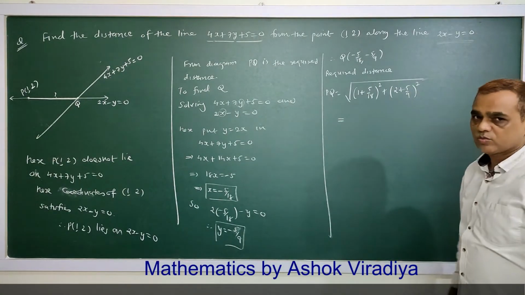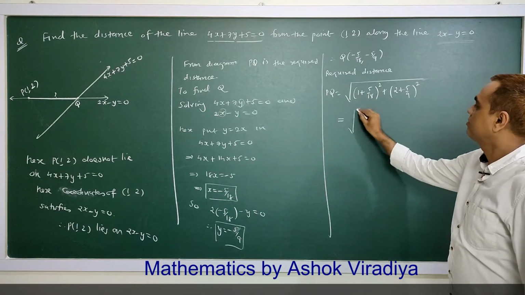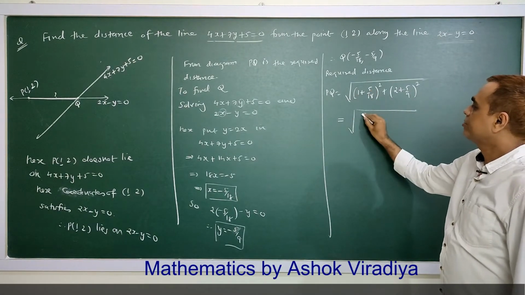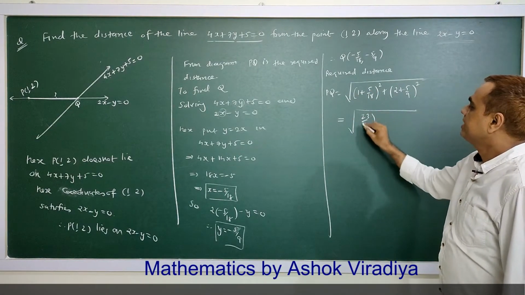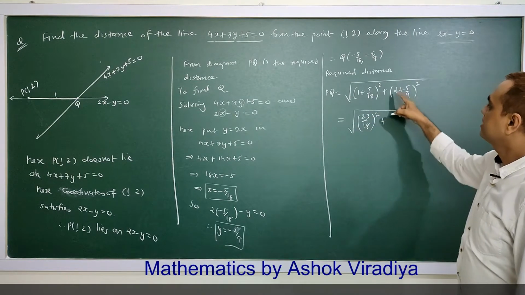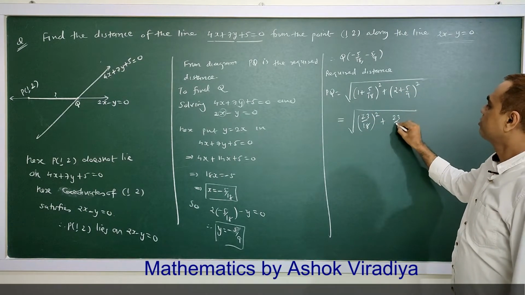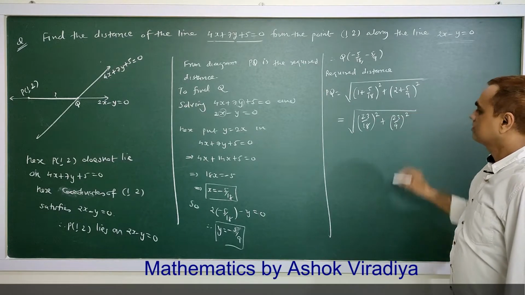It is equal to square root of 18 plus 5, 23 upon 18 square, plus 18 plus 5, 23 upon 9 square.